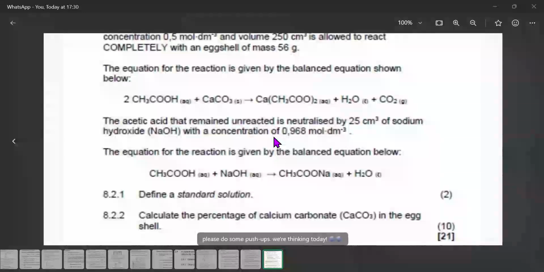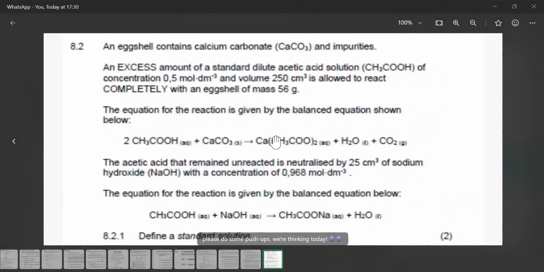We already know the mass of the eggshell, that is 56 grams. We just need to know the mass of calcium carbonate. All right? And we are not really given anything that can assist us to find the mass directly. And we also know that we can't use the number of moles of acid that we can get from 0.5 mole per cubic decimeter and this volume of 250.